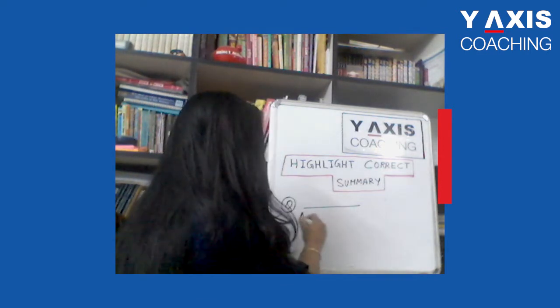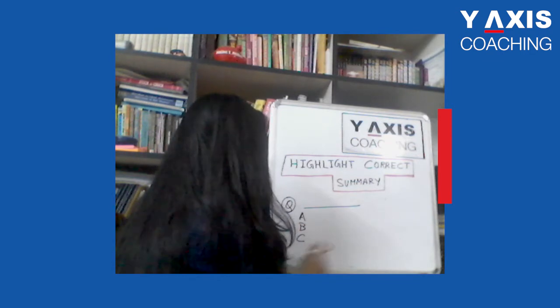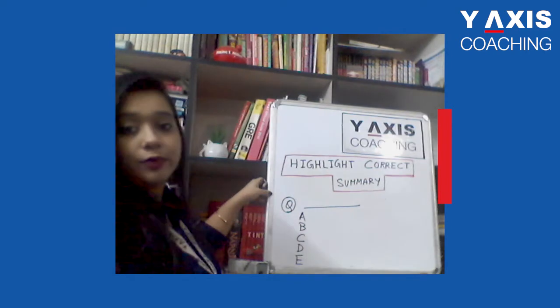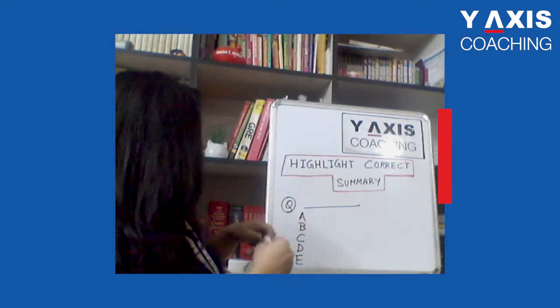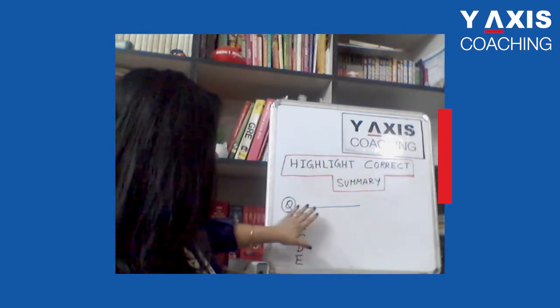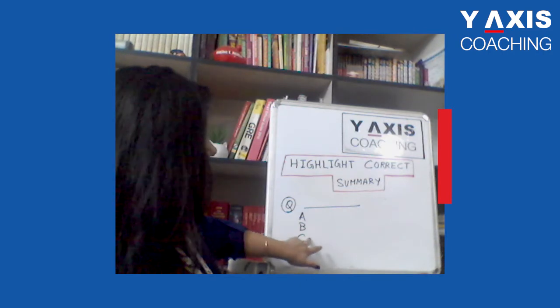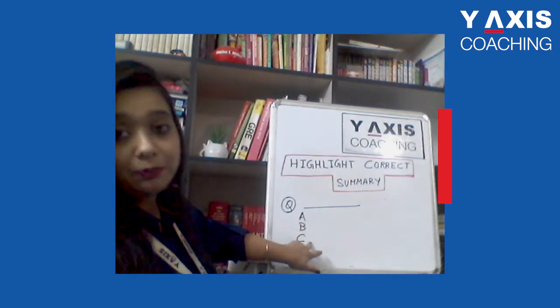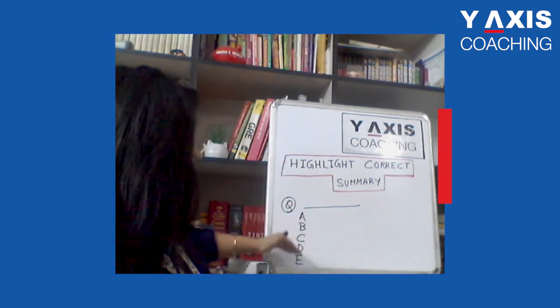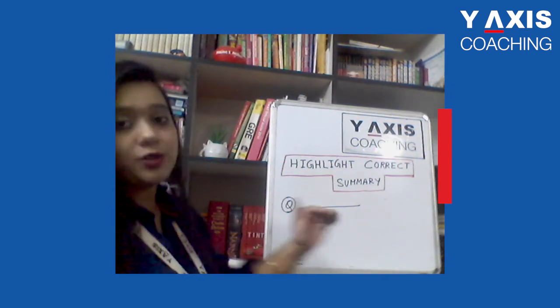And suppose you have 5 answer choices, A, B, C, D, E. Now, out of these 5 answer choices, only one answer is the correct summary. That means I have to eliminate the 4 other answer choices.